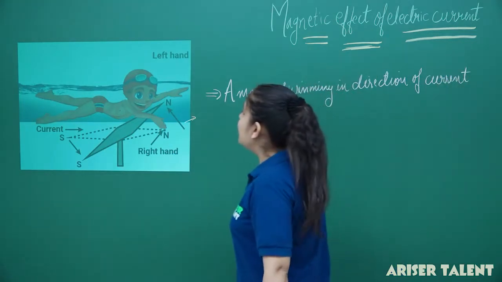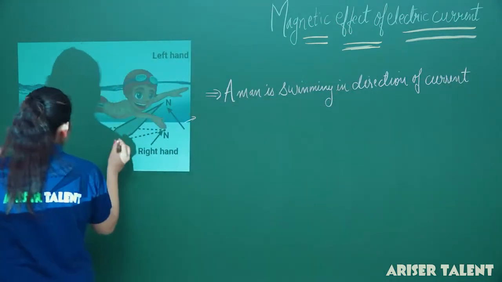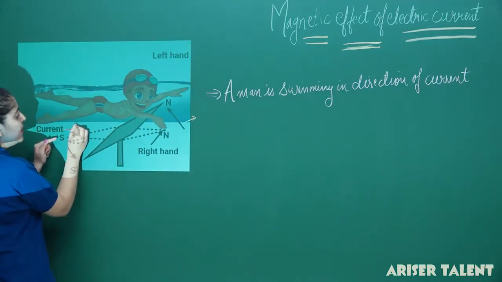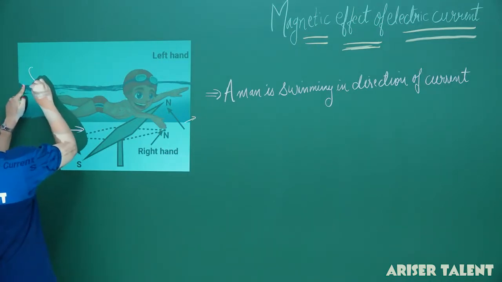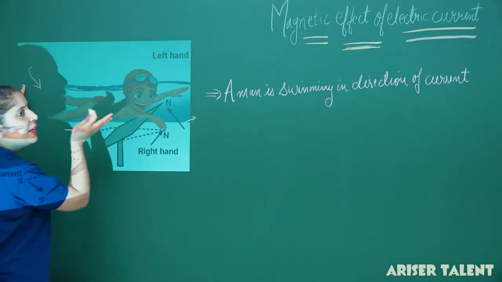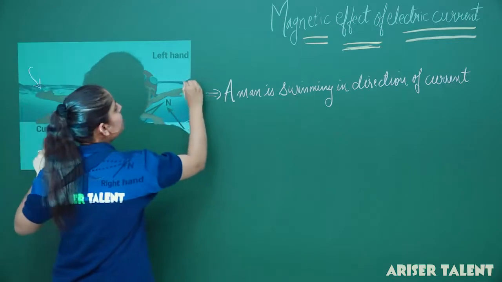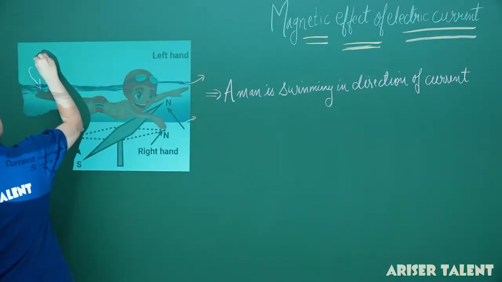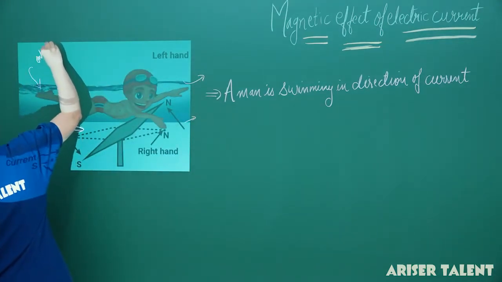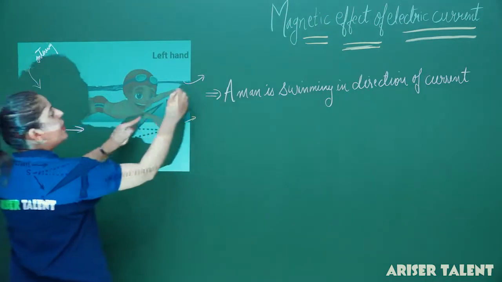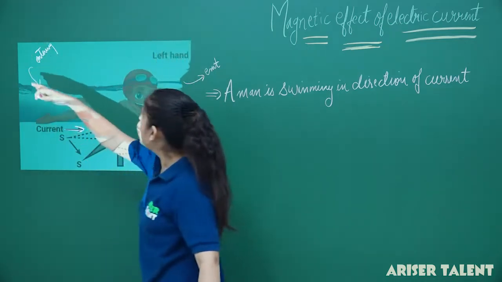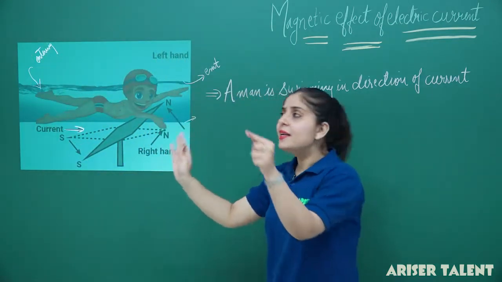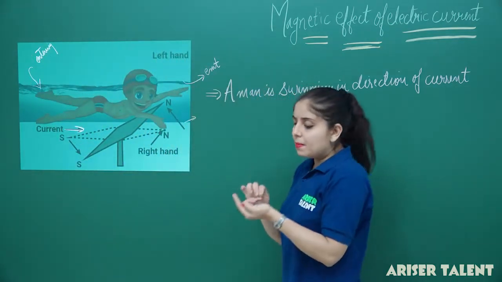It means a person, a child or a man is swimming in the direction of the current, such that the current enters through his feet and leaves through his hand. It means current is entering from his feet and it is exiting from his palms.